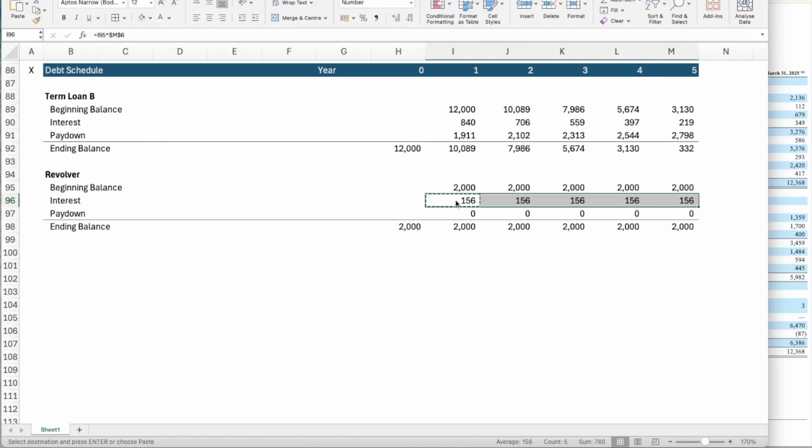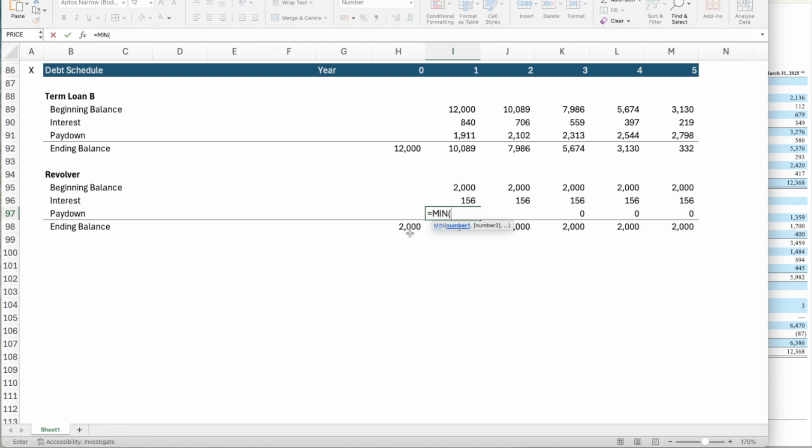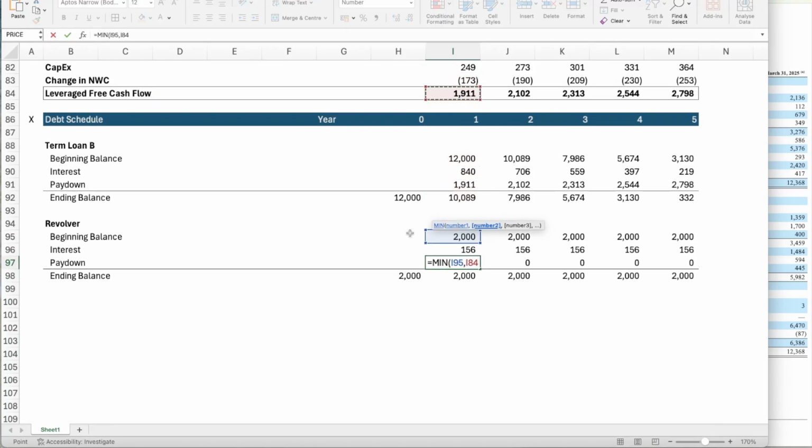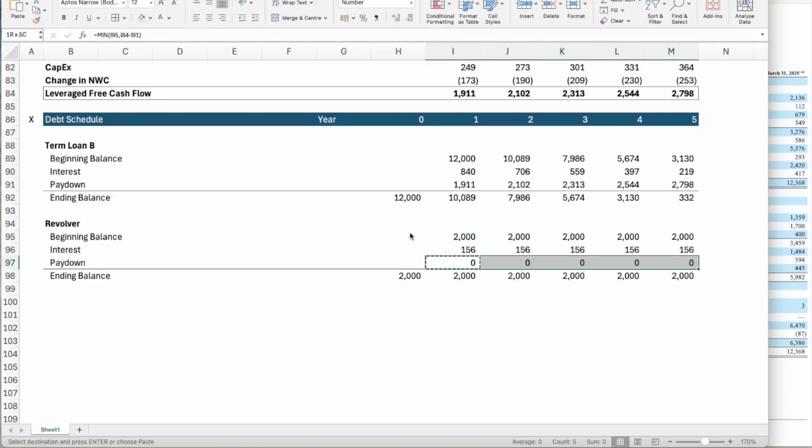Copy that across. Then for this one, again you do the MIN, you take this one and the levered free cash flow, and you subtract what has already been paid down. Pull that along.